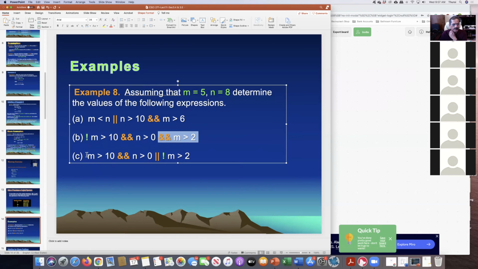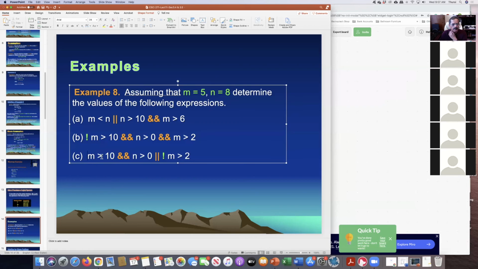Okay, going on to part C. C is false. That's right. I'm explaining why. M greater than 10 is false. N greater than 0 is true.